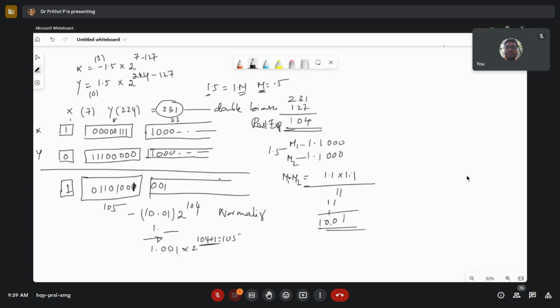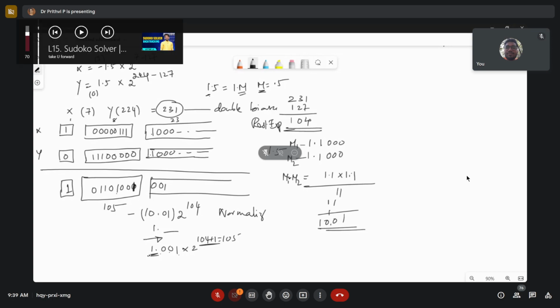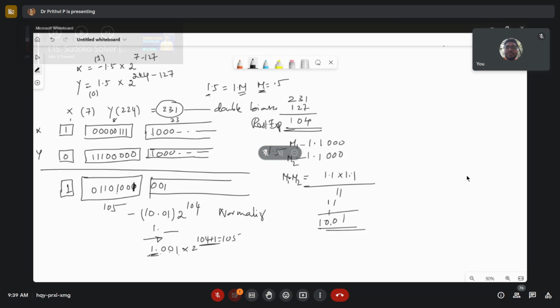This is your result. Now the hidden parameter is 1. Done. Is this correct? What is the result we have to get? 1.5 into 1.5. What should be the result? Are we getting that?